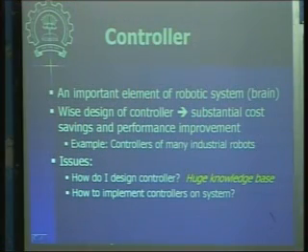There are other issues like how do I design a controller now? There is a huge knowledge base about this, how one can design a controller. To give you just an idea, in general this control theory has been developed so much over the years. There are so many different varieties of controllers available in the literature.